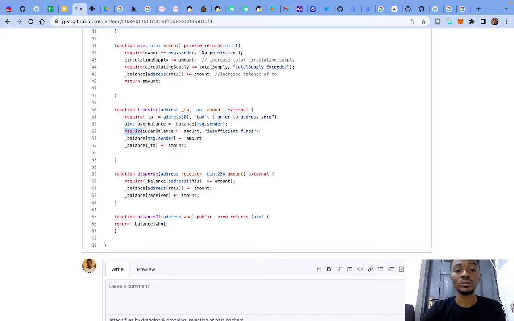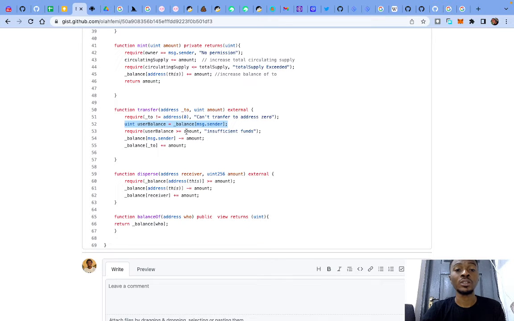On this one, we are ensuring that the balance of the user is okay. On this one, we are capturing our user's balance, the balance of the person trying to send energy tokens to someone else.